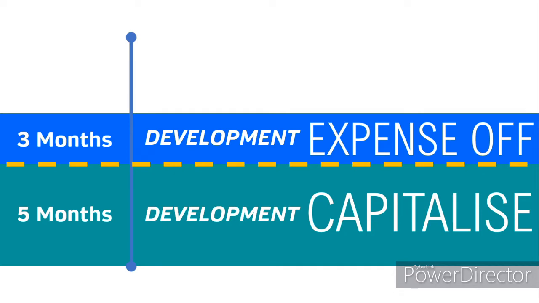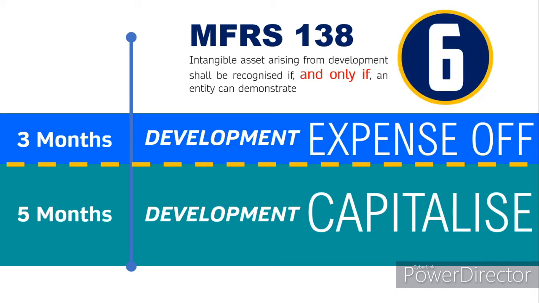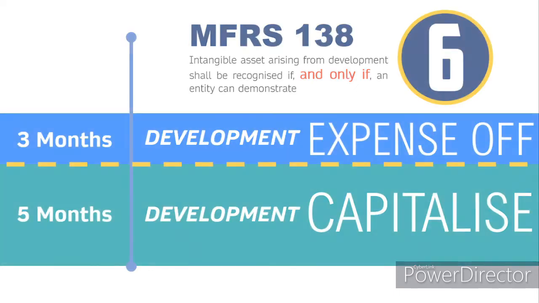What is the difference between being sure and not so sure? MFRS 138 says that intangible assets arising from development shall be recognized if and only if an entity can demonstrate six criteria. So the difference between being sure and not sure depends on these six criteria. Let's look at them one by one.